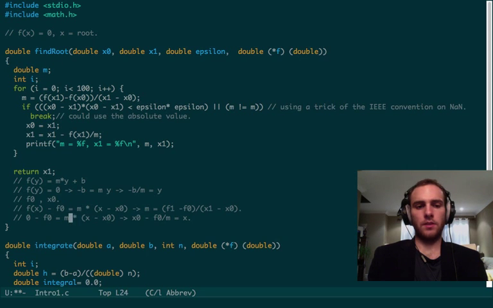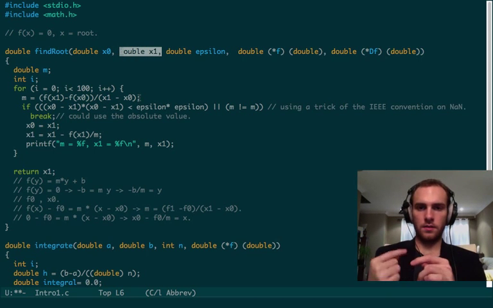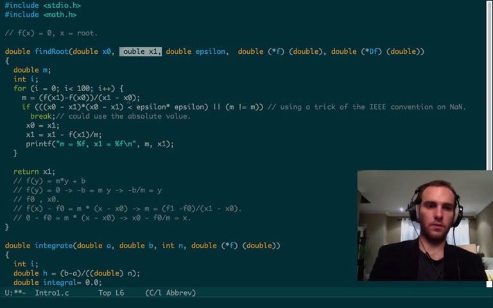See that I just mentioned the slope in this reasoning. So one thing that you could do if you had access to the derivative of f, you could add it here, double star, let's say df, double. And if you add that, you could remove one argument and then just do a smaller iteration.